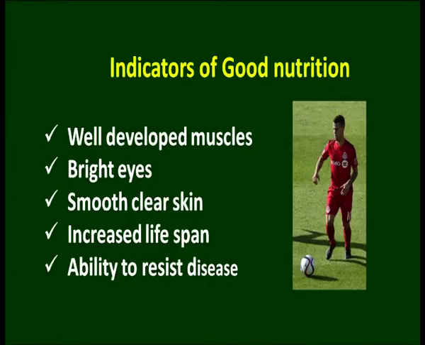So, ideal body weight is one of the indicators of good nutrition. Well developed muscles, bright eyes, clear skin, long lifespan and ability to resist disease. That is very, very important. And hence you must be seeing some people in the same environment get frequently sick and some do not.